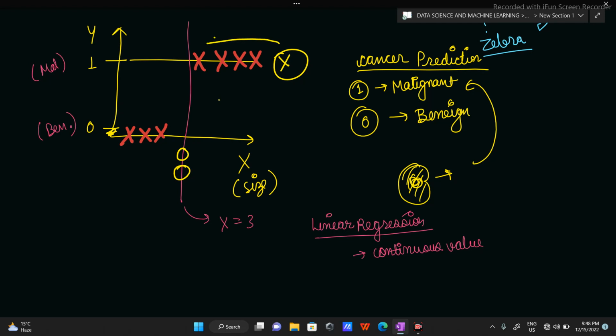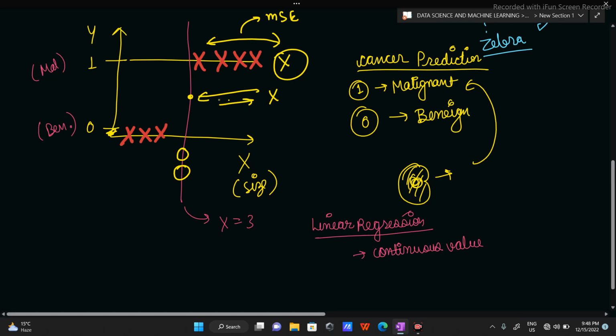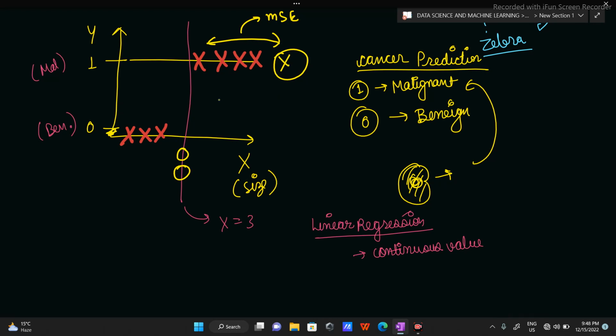In linear regression, we take the mean squared error of the distance between the points and the predicted points. Suppose I have a point here, I'll predict it here, then try to minimize this distance. But I do not want that right now, because I'm doing classification. I have to classify whether it is malignant or benign.